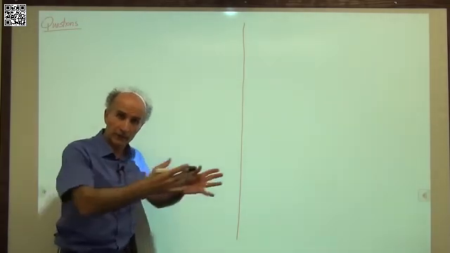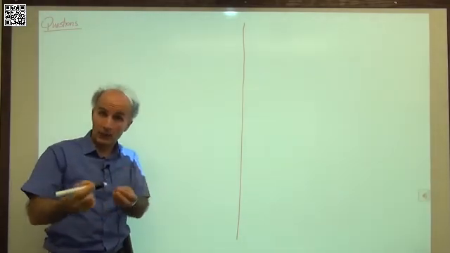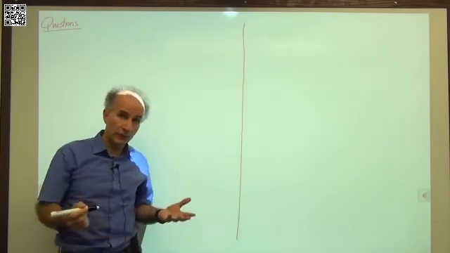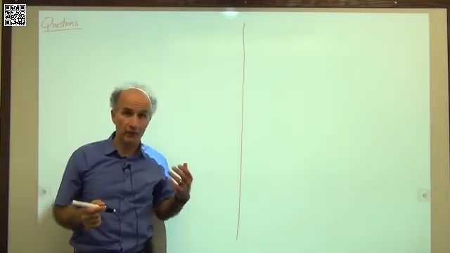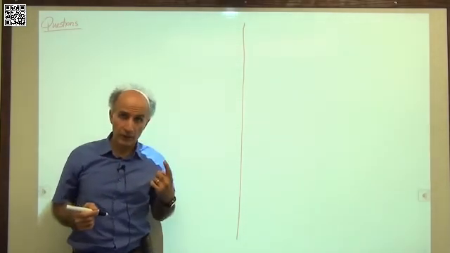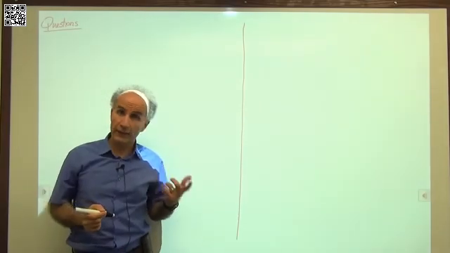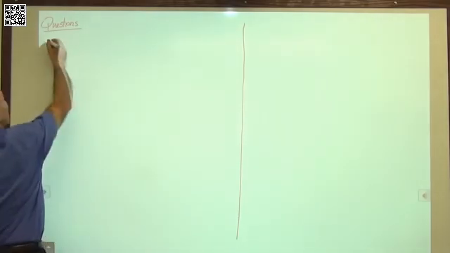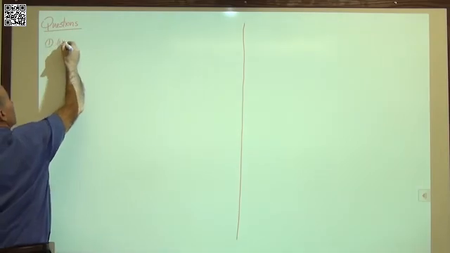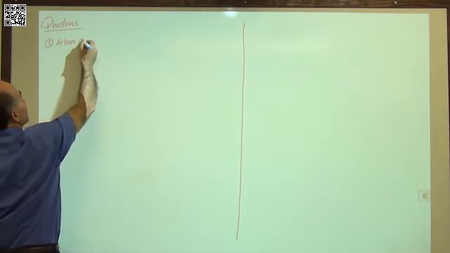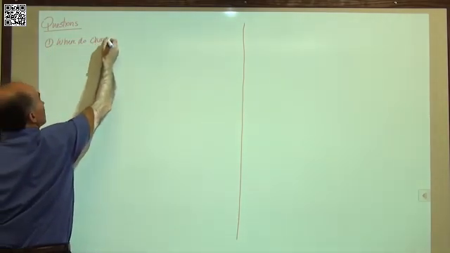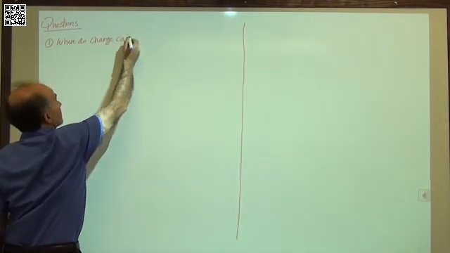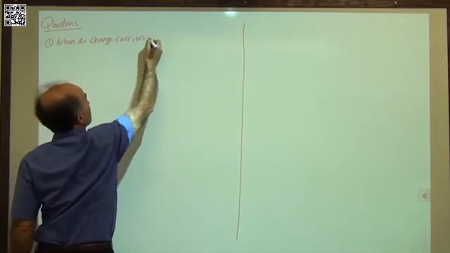Currents are carried when an electron, for example, moves around, or generally a charge carrier moves around. So the first question is, where do charge carriers come from? So let's write that down here. Where do charge carriers come from?